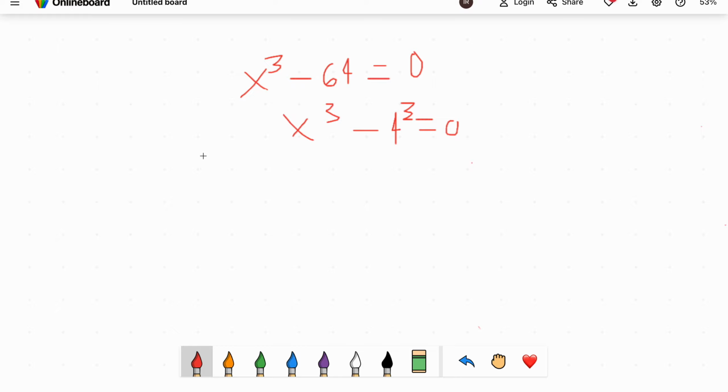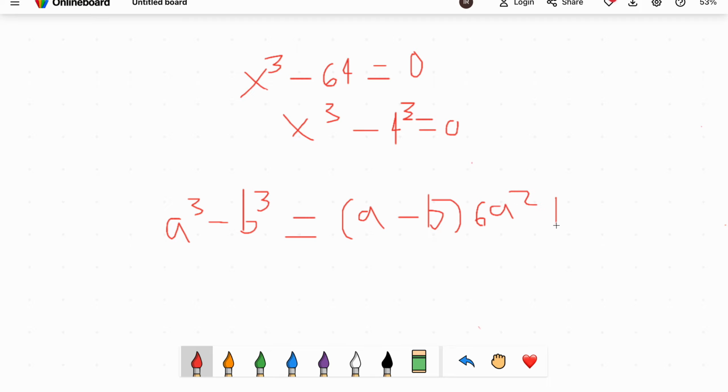Right now, we already know from algebra 1 that a cubed minus b cubed is equal to a minus b times a squared plus ab plus b squared. Using this information, I'm sorry if this looks like a 6, but I can change that.